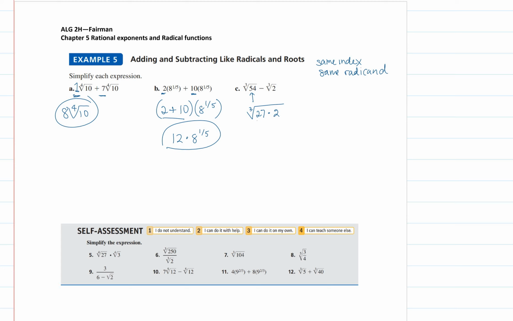That's convenient because 27 is a perfect cube. So 3 comes outside. Cube root of 2 is left over. Minus a cube root of 2. And remember, there was an invisible 1 in front of it. So our final simplified expression would be 2 cube root of 2.